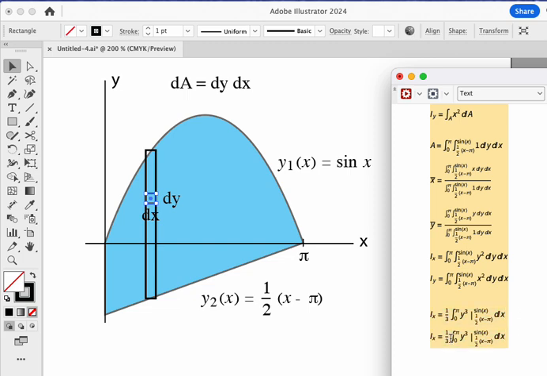Okay, so let's do that. So this is going to be the top limit. I'm going to replace the y with that top limit, and then cube it, and then subtract off this bottom limit and cube it, and close my parentheses.